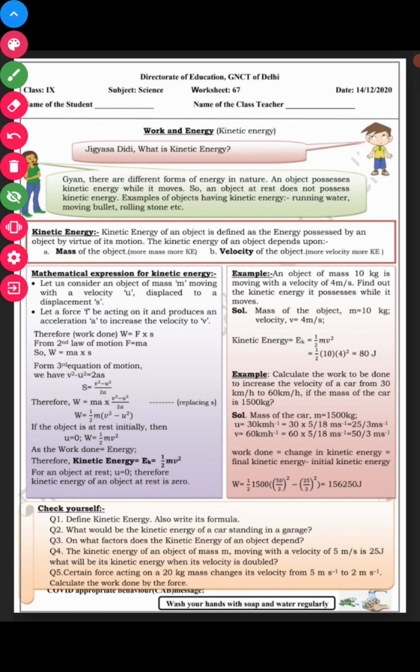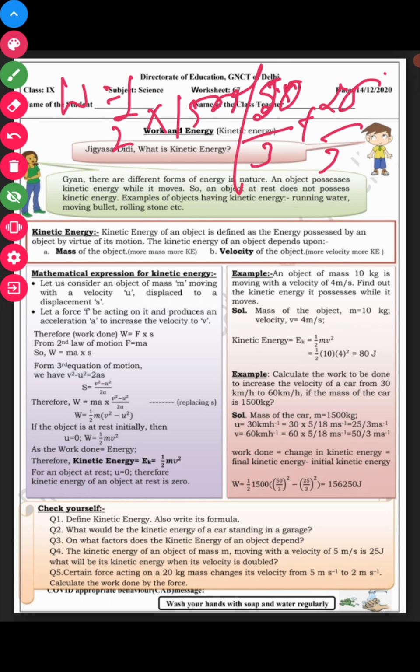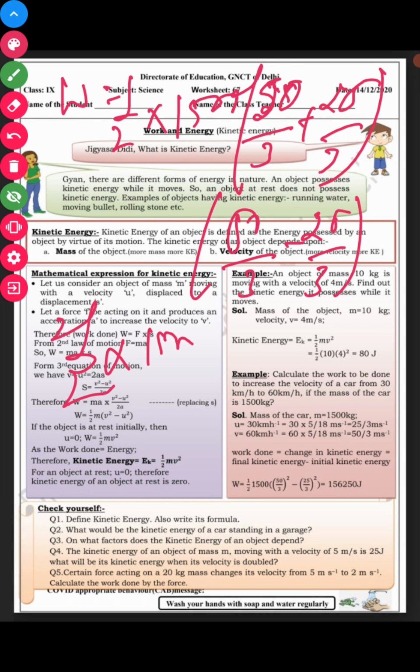So let us solve this. W is equal to half into 1500 and 50 divided by 3 plus 25 divided by 3 and 50 divided by 3 minus 25 divided by 3. We will get half into 1500 into 75 divided by 3 and 25 divided by 3.